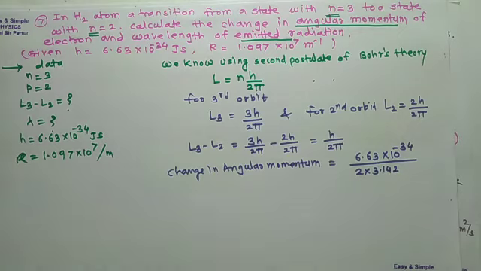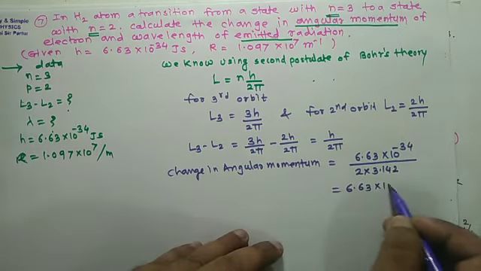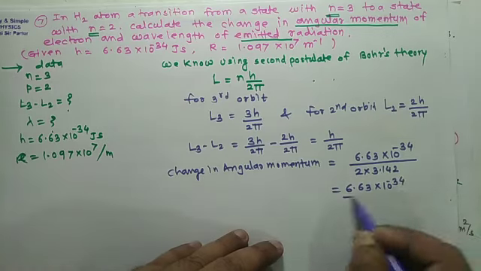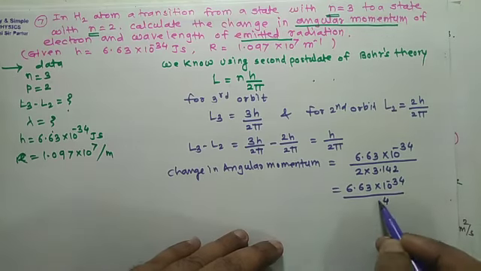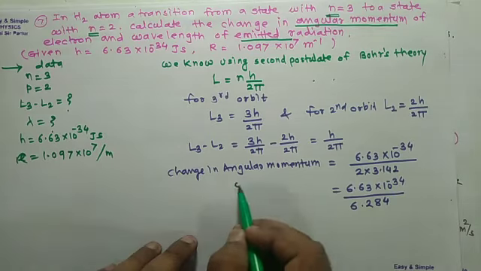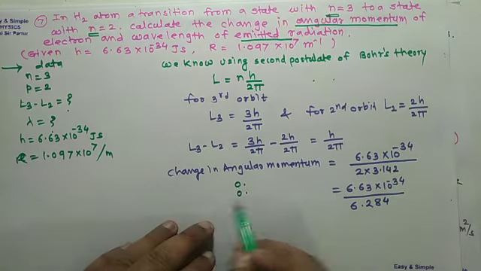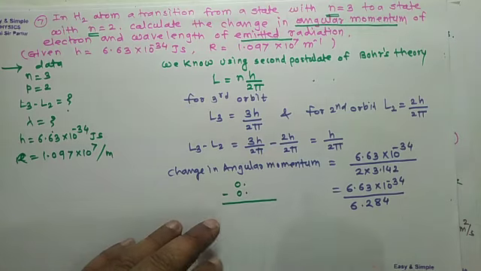So it will be 6.63 into 10 raised to minus 34 divided by 6.284.